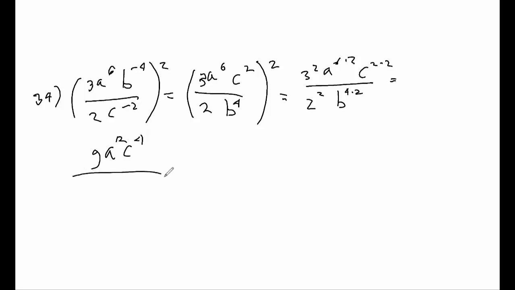And then on the bottom, I have 2 squared, well, that'll give me 4. And then b is the 4 times 2, and that'll give me b to the 8th. And since all these bases are different, and there's nothing I can simplify this with, then I am done, and this is as simplified as I could make this particular expression.